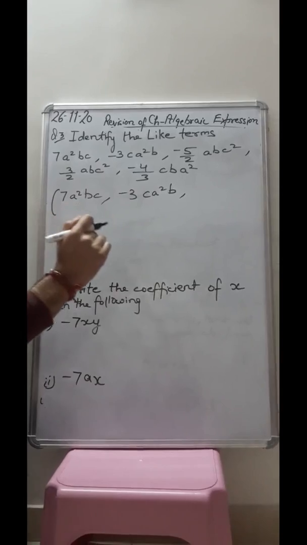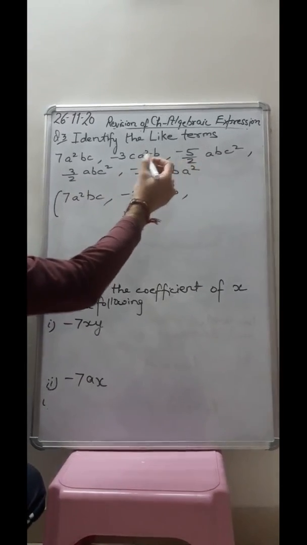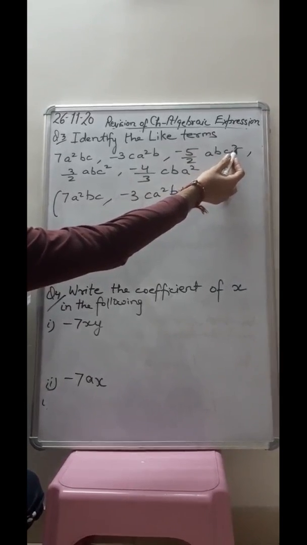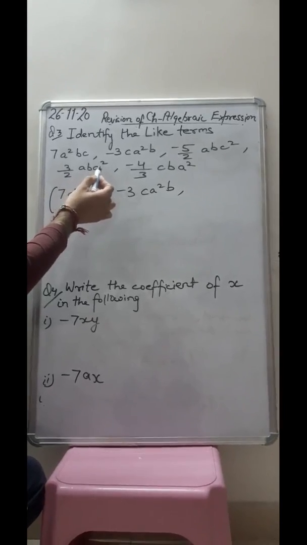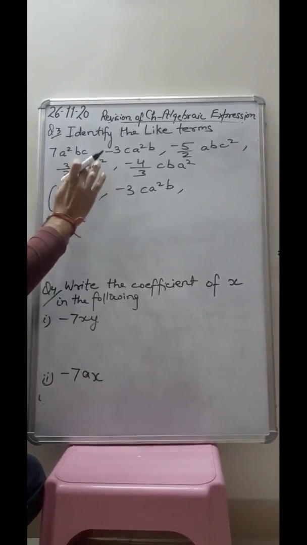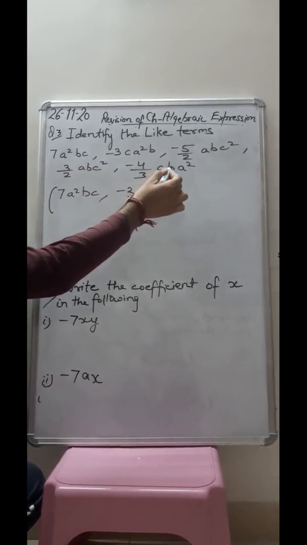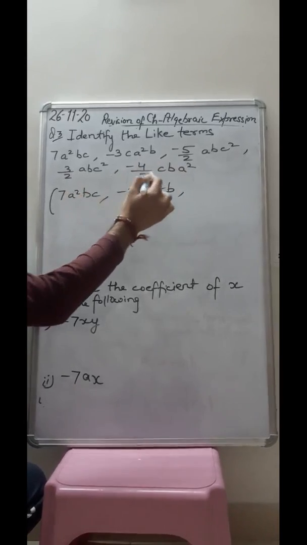Is there any other term which has the same powers? This is not, because A, B, C: here the C has power of 2. The next is ABC square. Again, ABC square is not a like term. And last is minus 4/3 CBA square. So the last one is a like term of these terms.